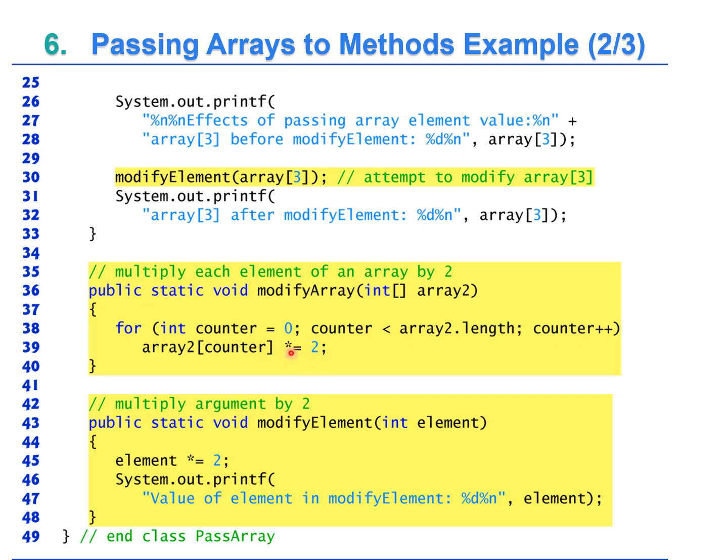So it modifies the entire array. Method modifyElement takes an int parameter and also multiplies the parameter by 2. It also displays the value of the parameter inside the method after multiplying.